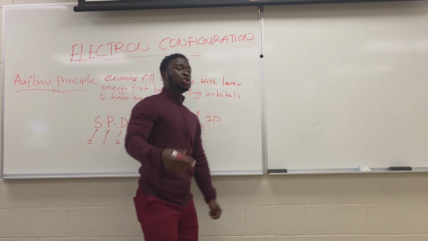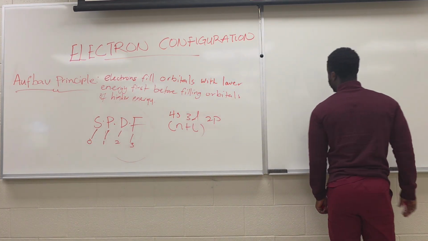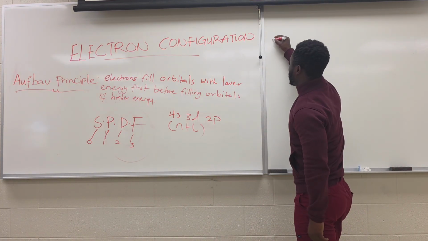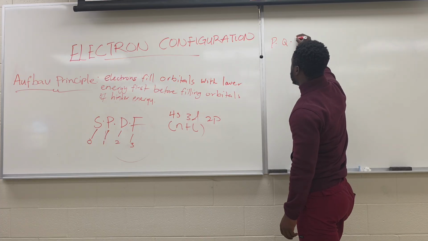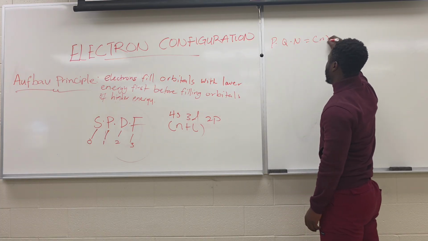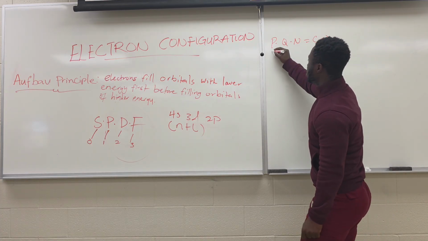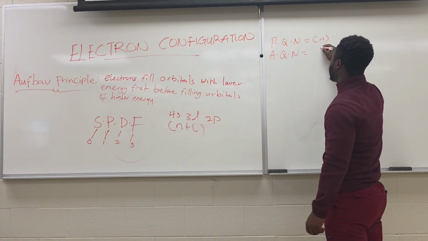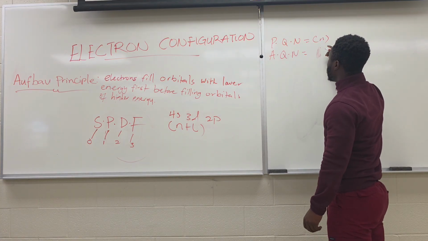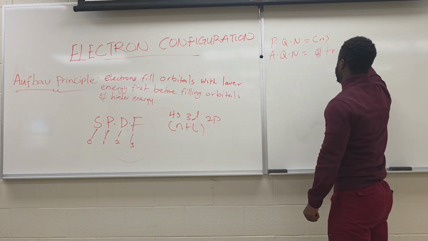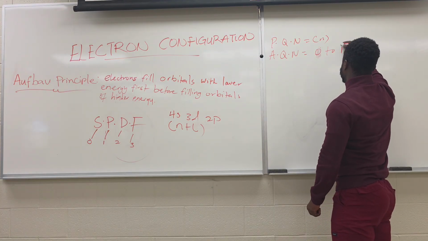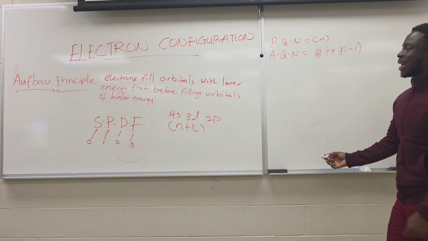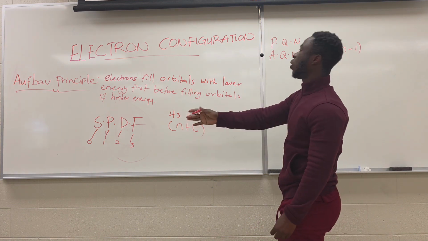When we were doing the quantum numbers, we said that the principal quantum number is denoted by n, and the azimuthal quantum number is basically all integers from 0 to n minus 1. That is how we found the azimuthal quantum number.